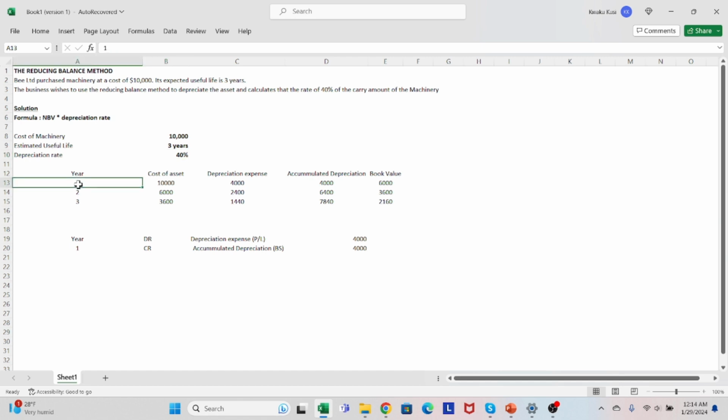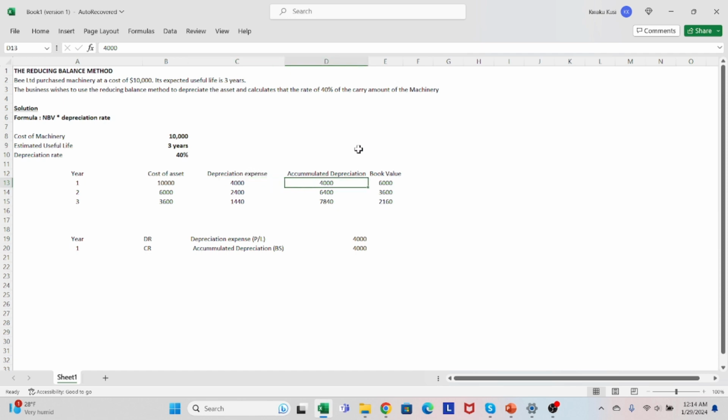In the first year, we have the cost of the asset to be 10,000, and then depreciation will be 4,000. This is because the 10,000 will be multiplied by the depreciation rate of 40%, and then we will get the depreciation expense of 4,000.